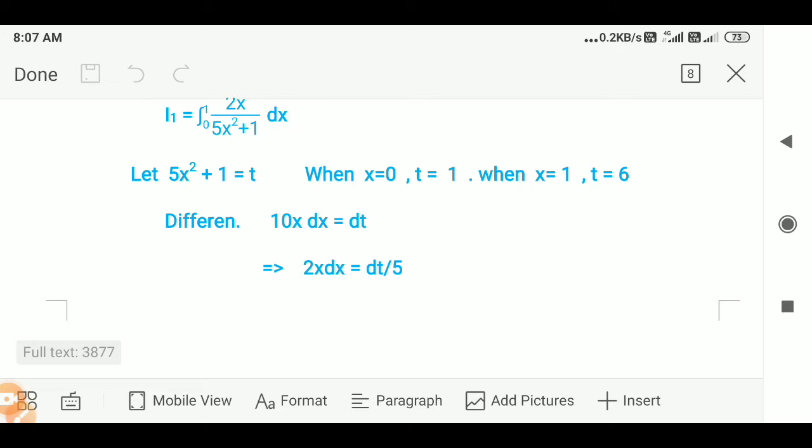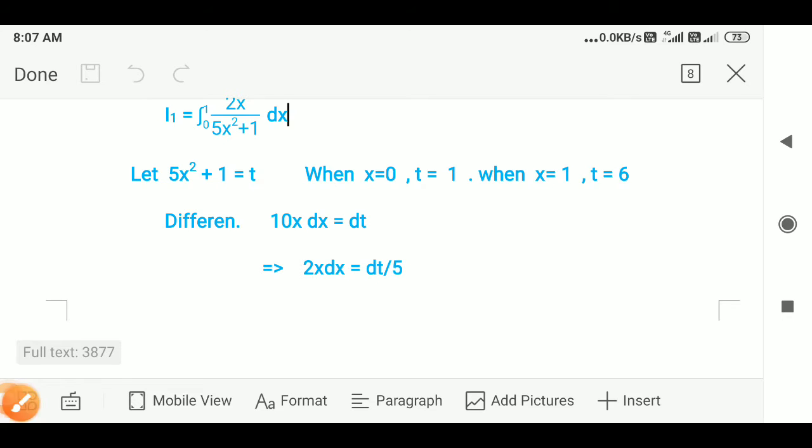When x is 0, put the value of x here: 5 into 0 plus 1 gives t equal to 1. And when x is equal to 1, the upper limit, t becomes 5 into 1 square plus 1, that is 6, so t becomes 6.